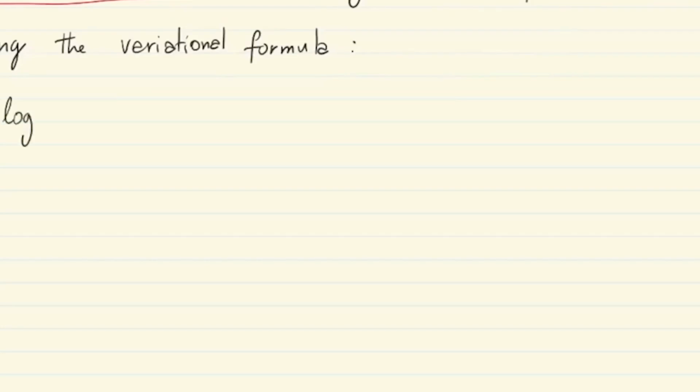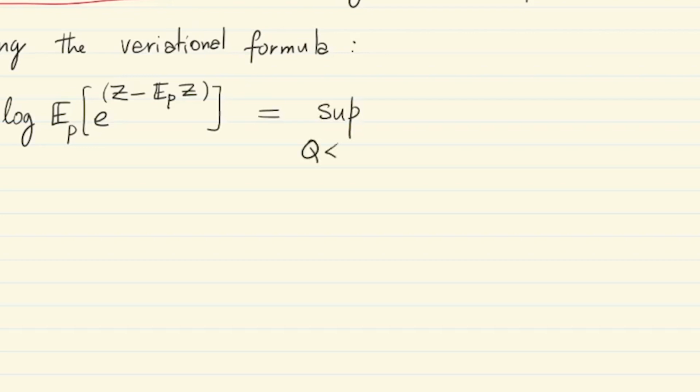The log of the expected value under p of e raised to the centered version of z, z minus its own expectation, is the solution to an optimization problem over all probability distributions q absolutely continuous with respect to the original distribution p of z, of the expected value under q of z minus the expected value under p of z, minus the divergence between the measures q and p.